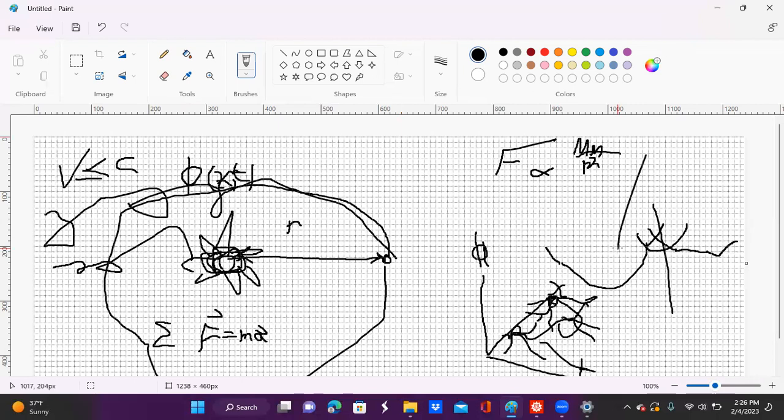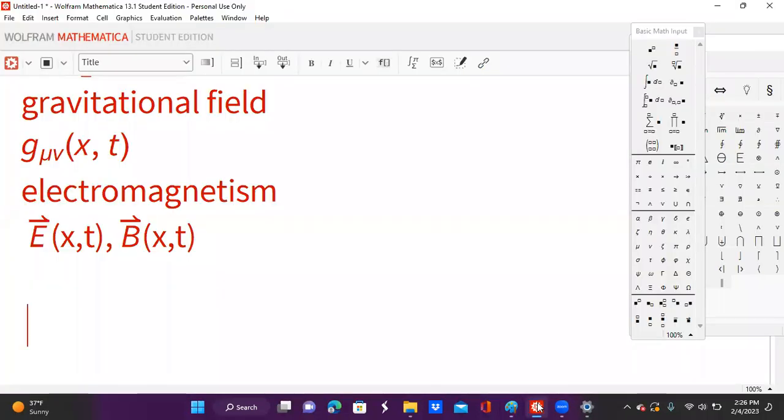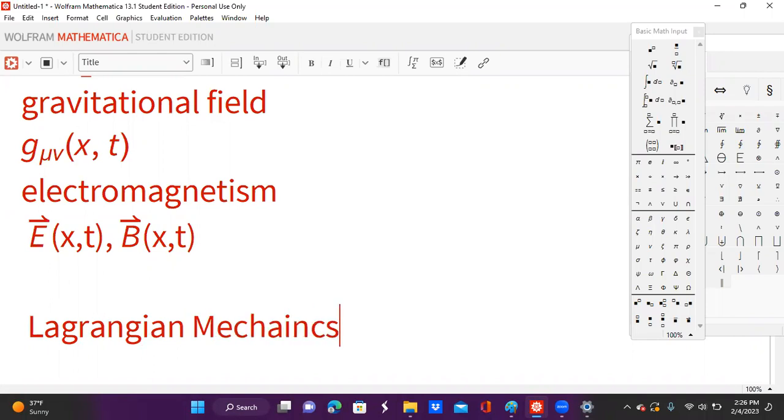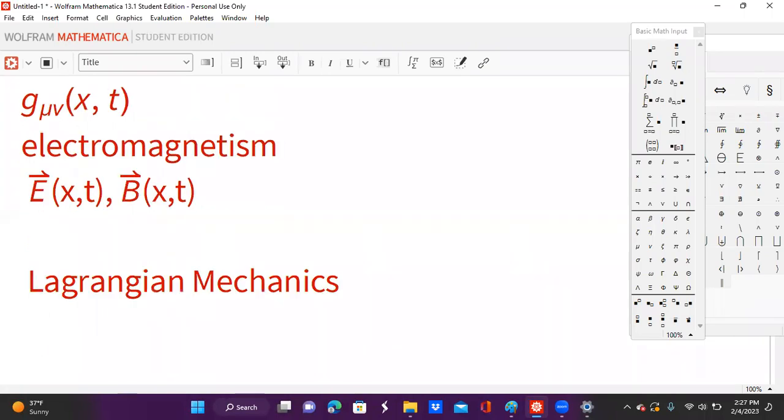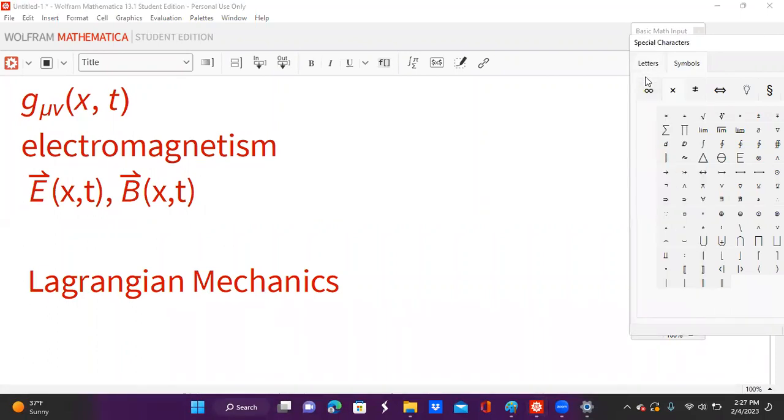But anyway, back over to Wolfram so I can type some things out. I'm going to get to Lagrangian mechanics, because that's a good way to represent what happens to a particle over time.